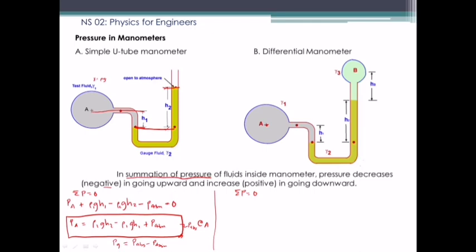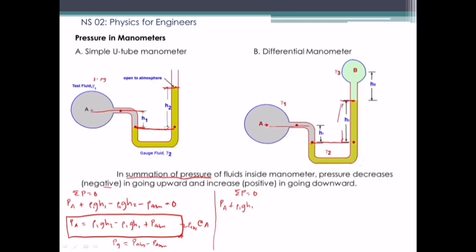So start at a certain point A. From this level up to here, you have H1. You go down, right? So plus rho 1 GH1. And then from here, this fluid, up to here, from this level to this level, you go up, right?